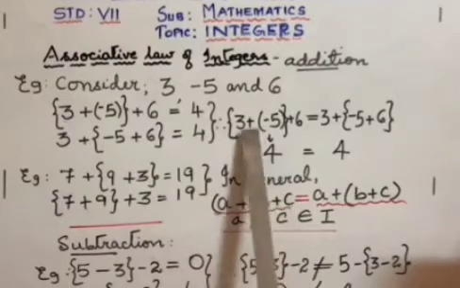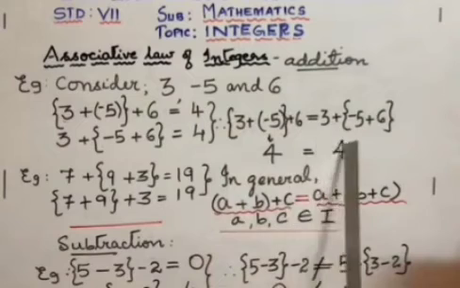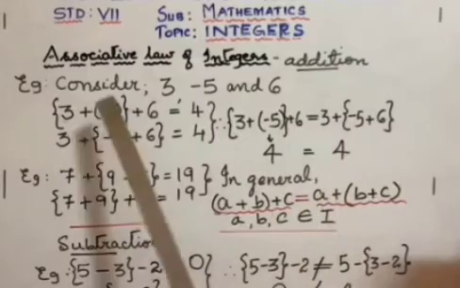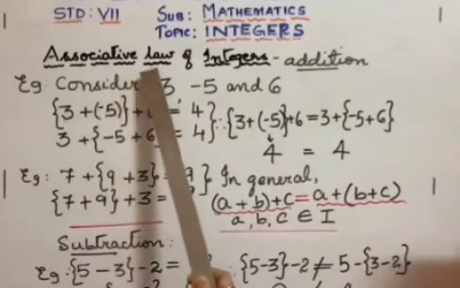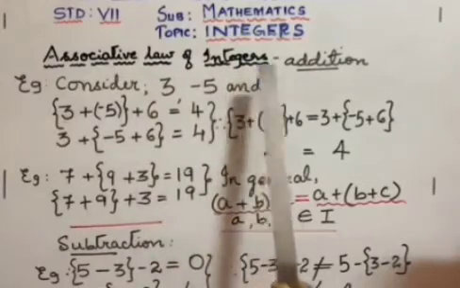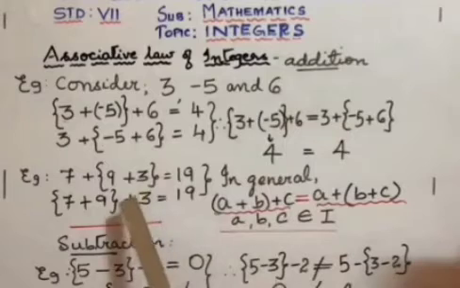Therefore, however you group the integers, the answer is the same. This property of addition, this property of integers, is called associative property or associative law of integers with respect to addition. I have taken one more example.